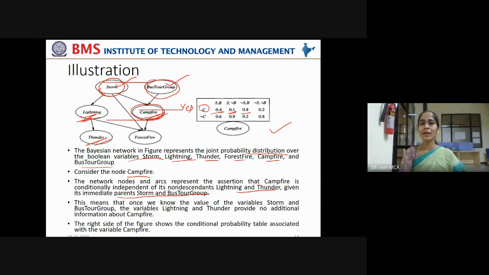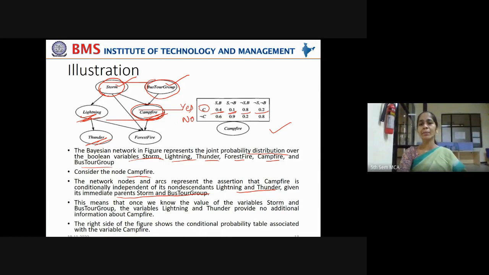Because normally tour groups tend to set up campfires irrespective of whether a storm has occurred or not. Now, the probability of setting up a campfire when the storm didn't occur and the bus tour group didn't arrive is again low, 0.2.